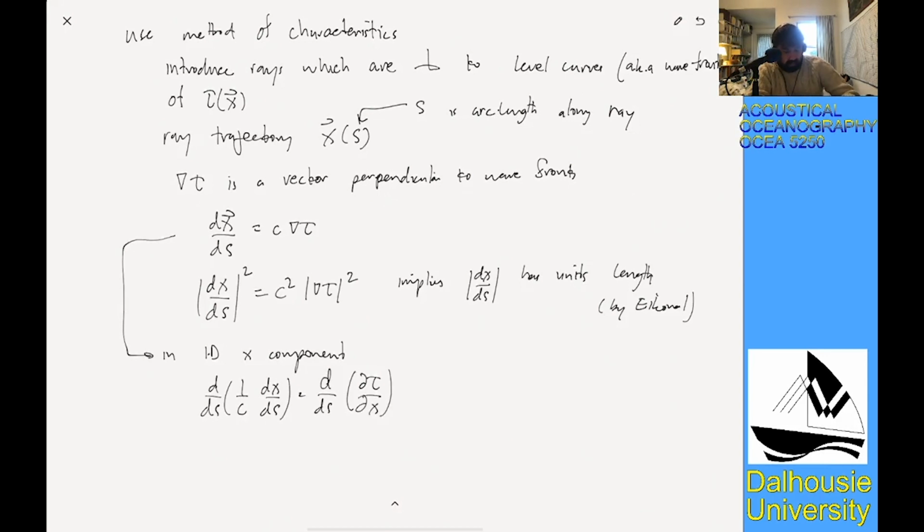Okay, that's going to be equal to the second order d tau/dx squared dx/ds plus d tau/dx dy/ds equal to c, same thing.